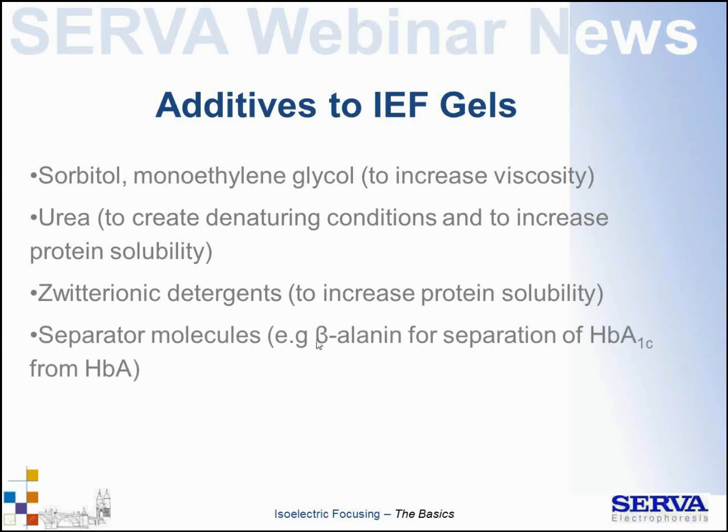You can also add separator molecules. Here's an example, the amino acid beta-alanine for the separation of the glycosylated hemoglobin A1C from non-glycosylated hemoglobin. This has been done a lot in the past for diagnosis of people who have diabetes or who are suspected to have diabetes.